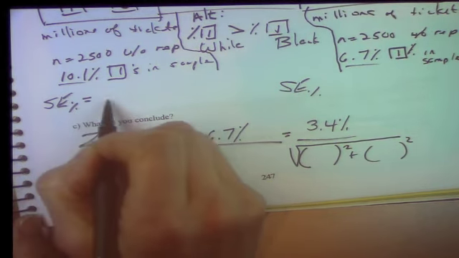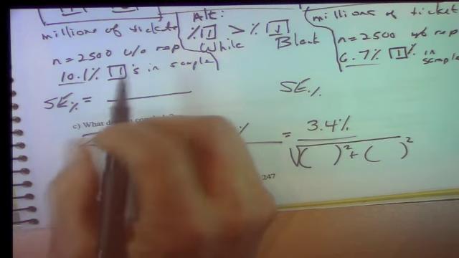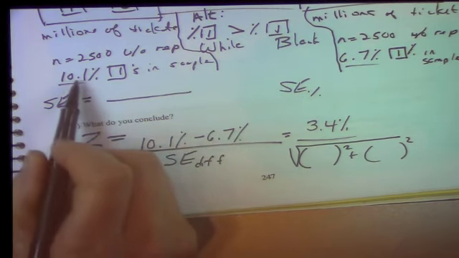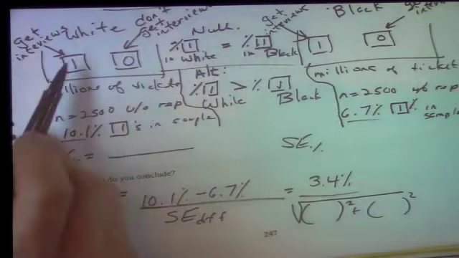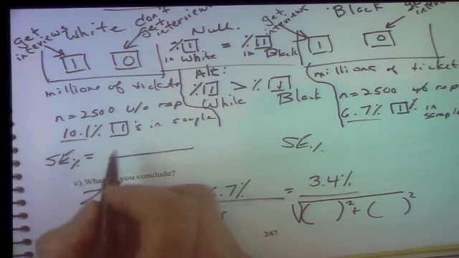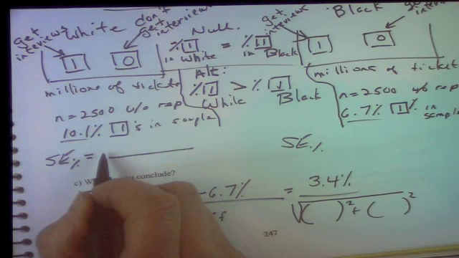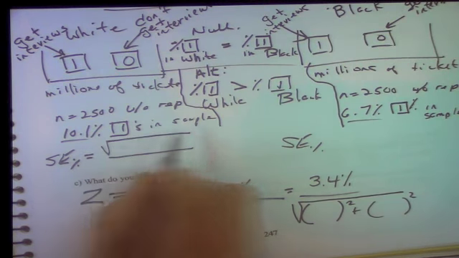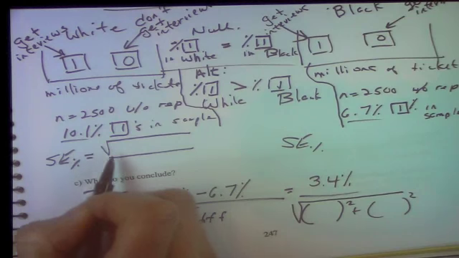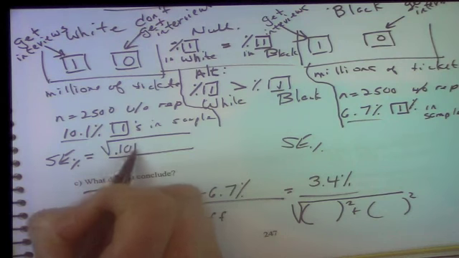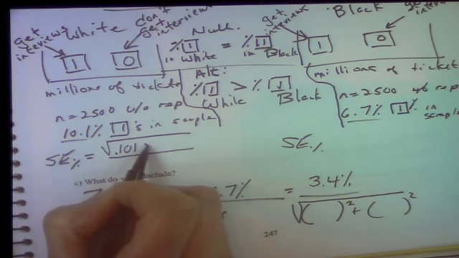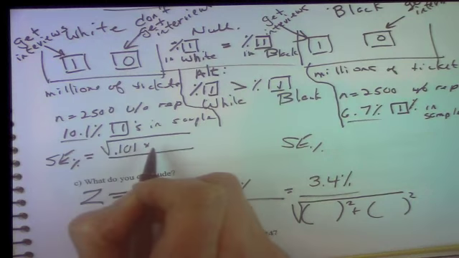Well, standard error for percent is SD of the box. This is 10.1. We'll estimate the box as what? 10.1, which is what? The SD of a box, if it had 10%, would be what? 0.1. This is 10.1, so it looks like that. Times what? How many zeros?